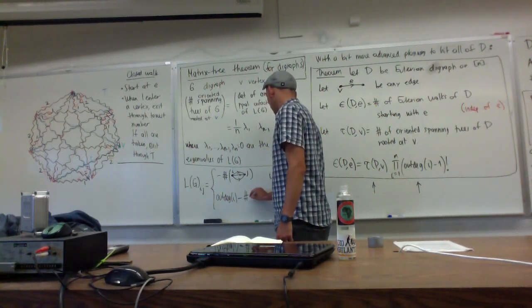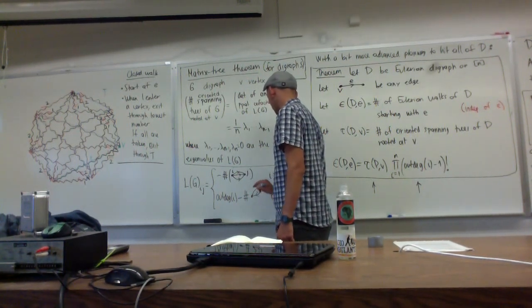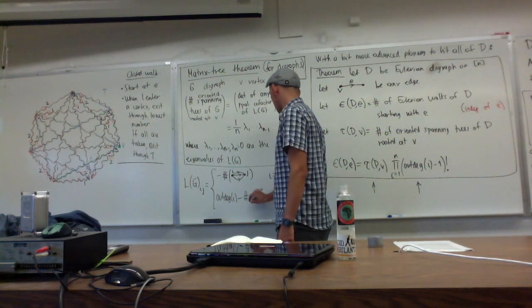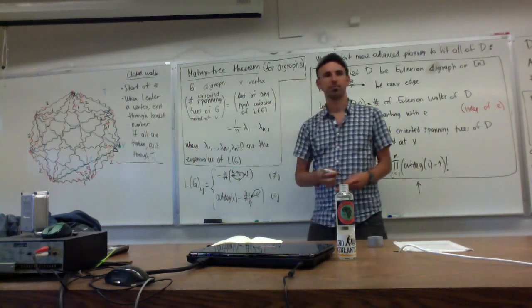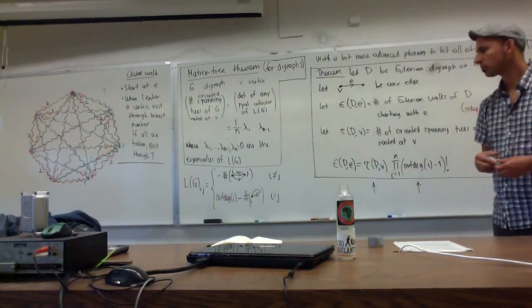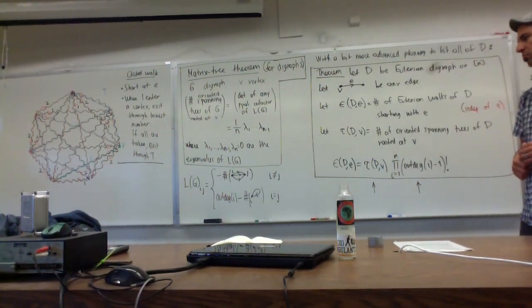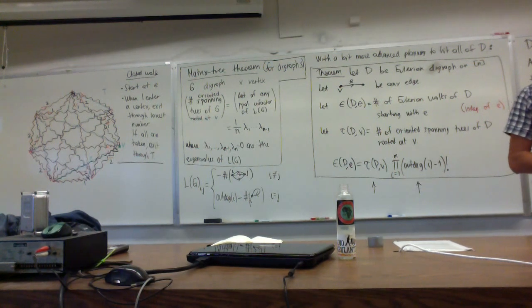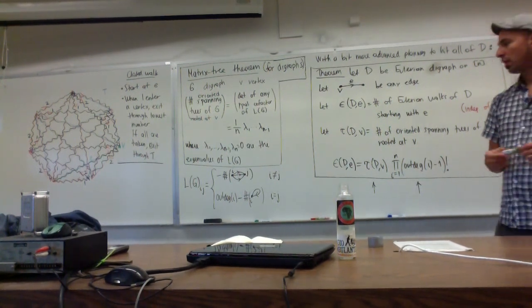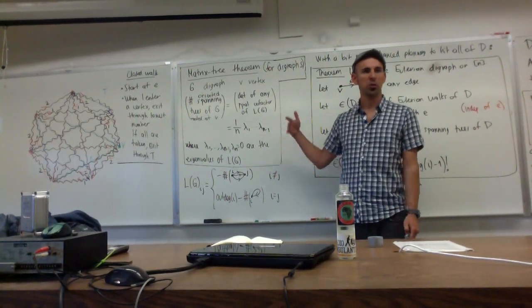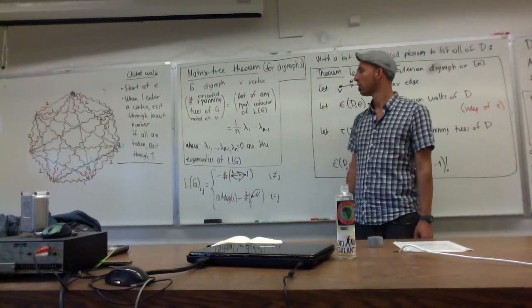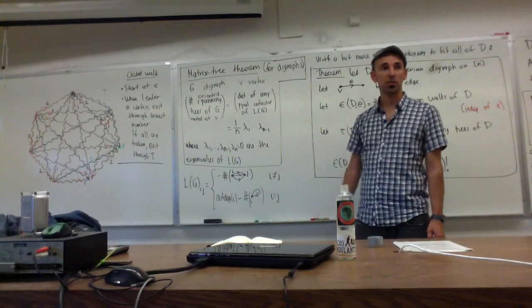And if there are any loops like this, then you should remove them. Okay. So you just change the Laplacian very slightly. And the claim is that when you do that, then this Laplacian enumerates the trees for this directed situation.